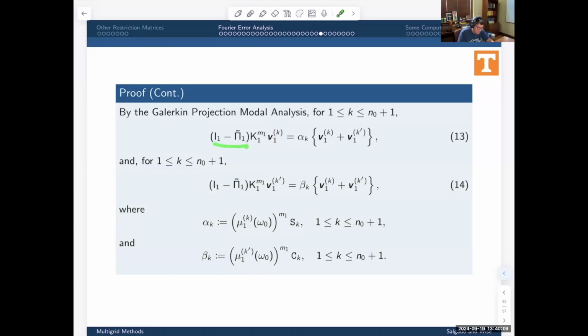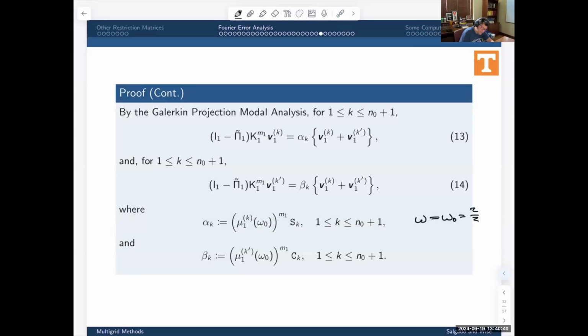And then we know what this does to those modes. Ultimately what I get in the end is alpha k times v1k plus v1k prime, where alpha k is equal to the eigenvalues coming from the smoothing process. Remember I said mu1k to the m1 power. And in this case, I'm using omega equals omega naught. Remember what omega equals omega naught was?